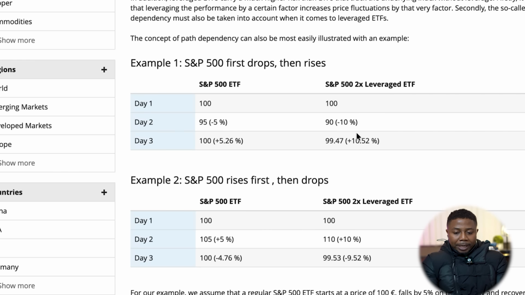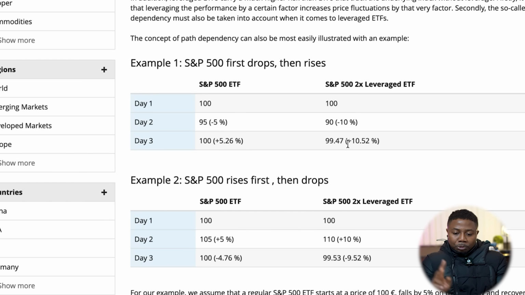Because this is leveraged by a factor of 2, the 2 times leverage one actually goes down by 10%. Now here's the problem. Say for example on day 3, the S&P 500 one now goes up by 5.26%. The 2 times leverage one will go up by 10.52%.